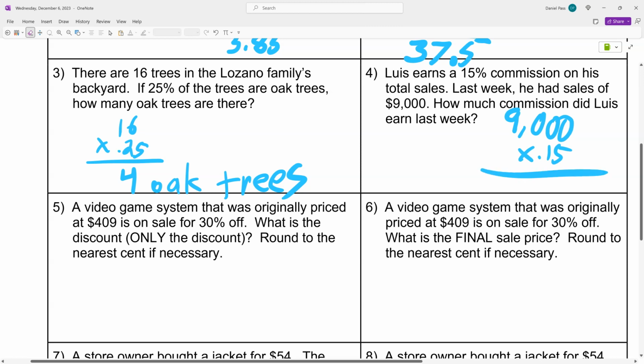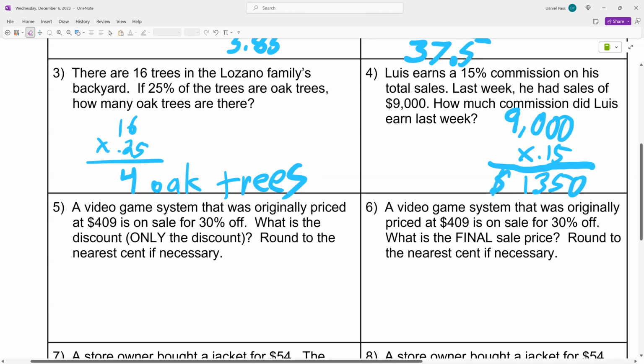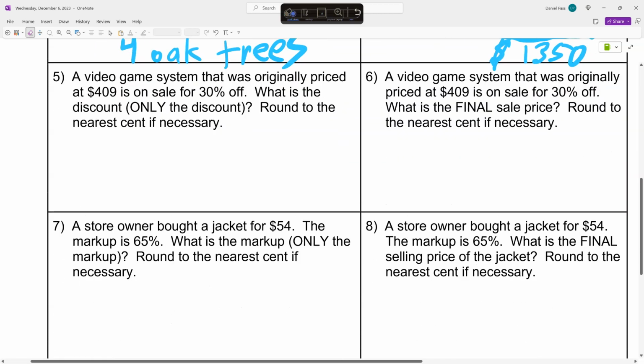I was really worried about this test, but I think you all can do it. You definitely knew it before this very last lesson and kind of forgot stuff. What's the answer? 1,350. Thank you, Juan. $1,350, and we don't need to round because it didn't ask us to.